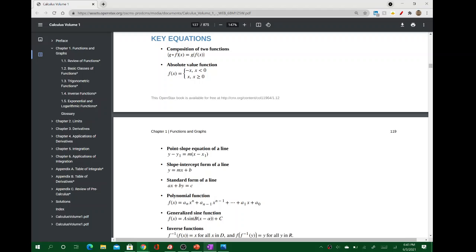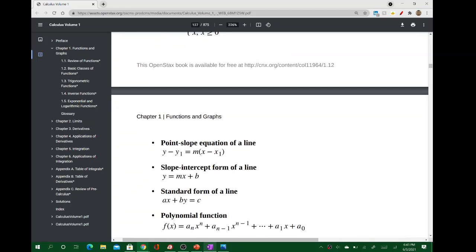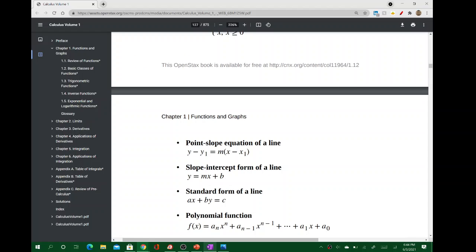This is the point-slope equation of a line, which is y minus y1 equals m times x minus x1. Yes, they do this in Cal 1. You're going to have to do this in Cal 1 once you get to the equation of the tangent line at a point.